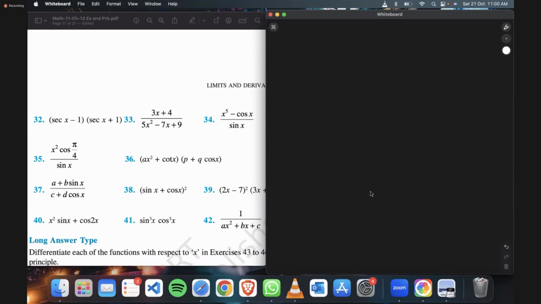Next up, we have been given the function as f(x) equal to (a plus b sin x) divided by (c plus d cos x). Alright.